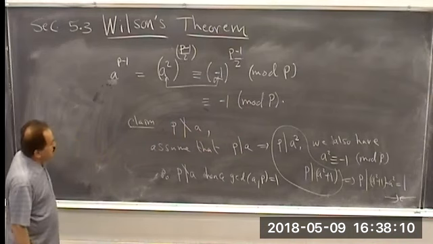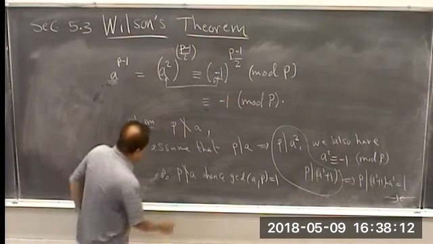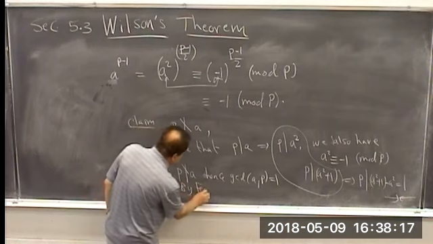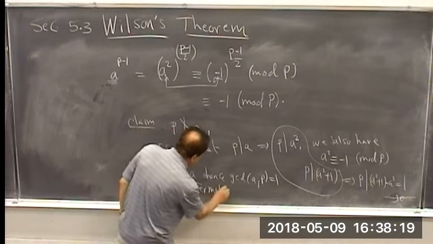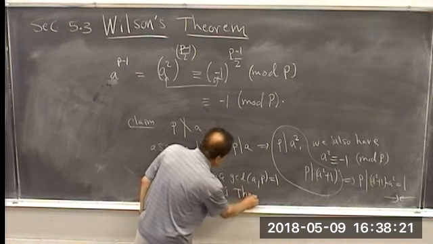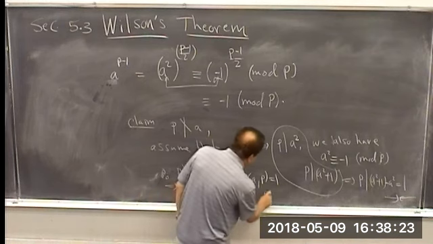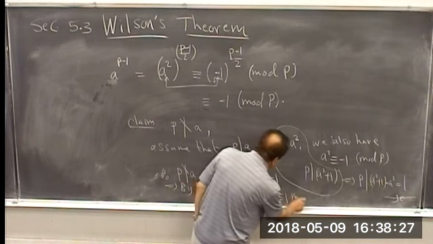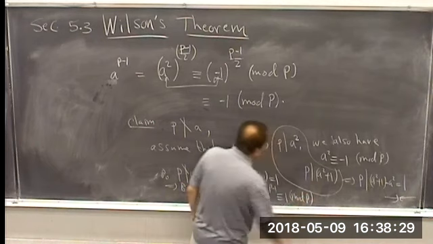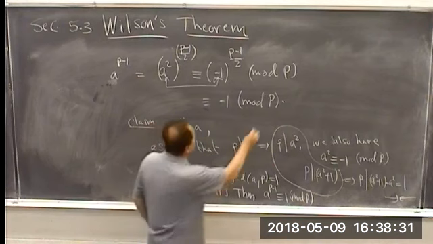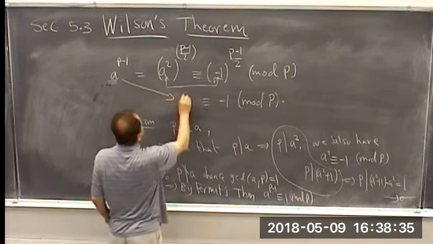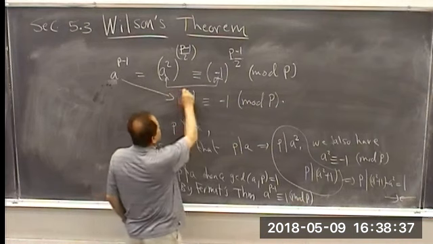One last step. Now we have, this implies by Fermat's theorem that a to the power P minus 1 is congruent to 1 mod P. Well, we have a problem in here. We have this congruence in here, all right?